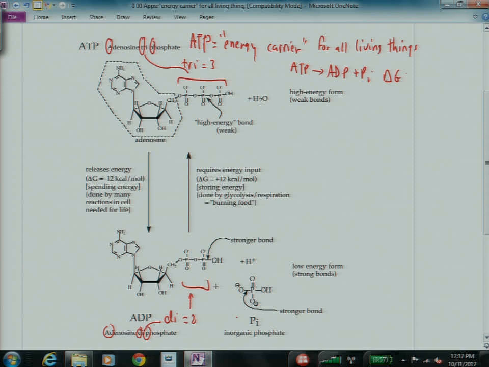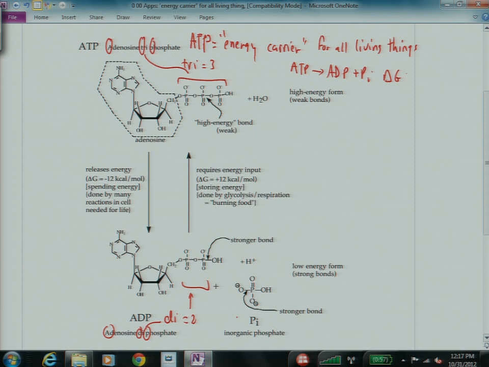Depends on how you measure it, but that's about right. So it's very spontaneous. Therefore, it releases a lot of energy to make delta G positive reactions go.